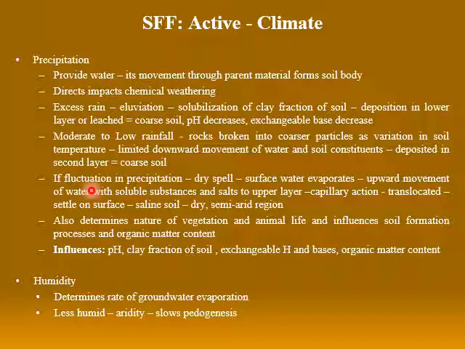But precipitation also influences other soil characteristics and other soil forming factors, like the nature of animal or plant life in that particular region, the pH, and organic matter content. Besides precipitation, humidity also, by controlling evaporation, controls soil formation processes.